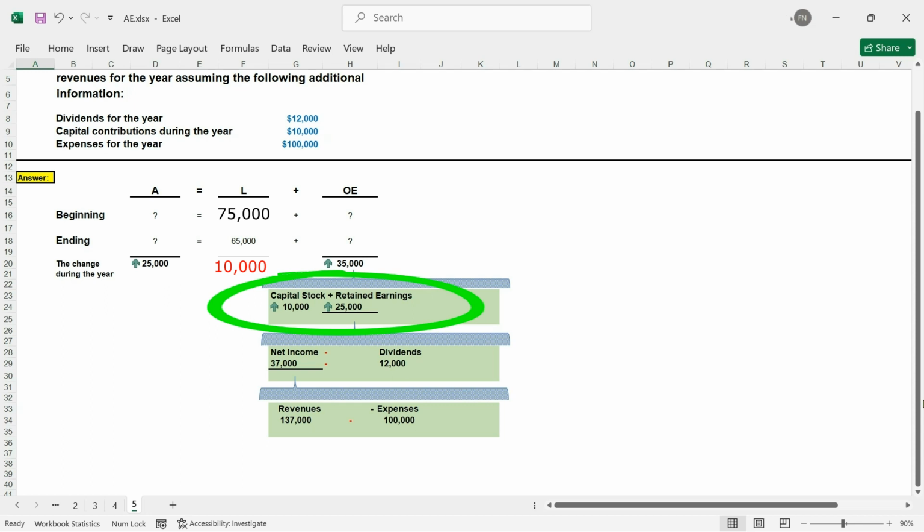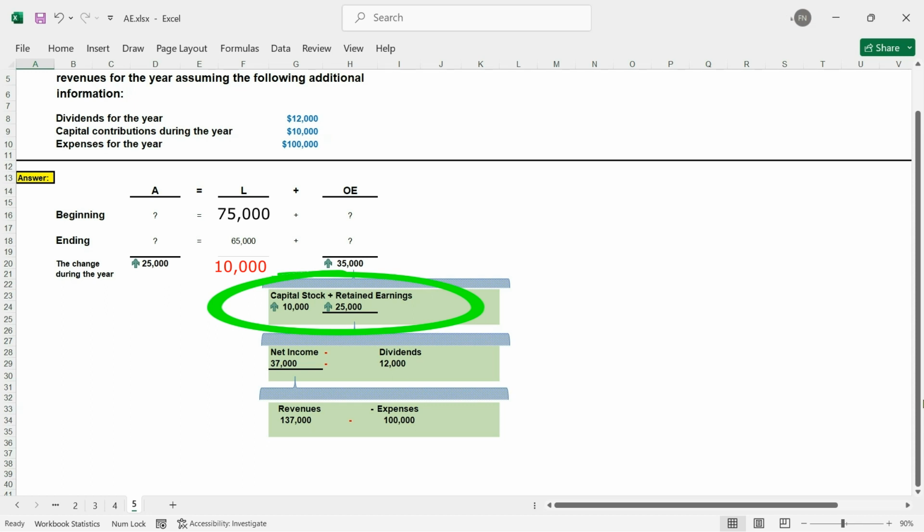Now, it tells us that capital contributions amounted to $10,000. If in fact that's true, and the total increase in owner's equity was $35,000, what must have been the change or increase in retained earnings during the year as a result of those two items of information?